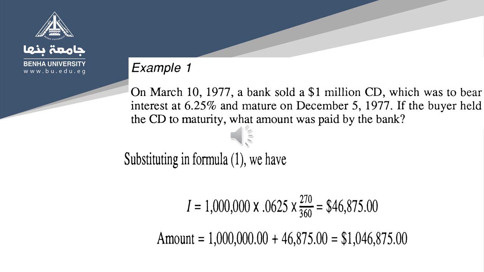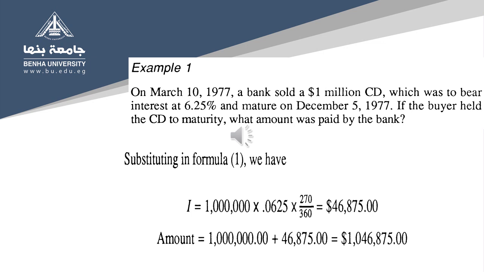So this time equals 270 days divided by 360. This is related to banker's rule. Banker's year consists of 360 days. Okay. You are required to find the amount, so you must calculate first I equal B, 1 million, R, simple interest 6.25%, multiplied by T, 270 days over 360.